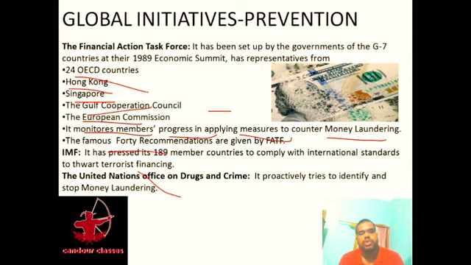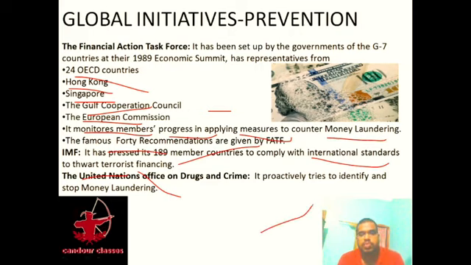The famous 40 recommendations are given by FATF. Then the IMF, the International Monetary Fund, pressed 189 member countries to comply with international standards to thwart terrorist financing. The United Nations Office on Drugs and Crime proactively tries to identify and stop money laundering.